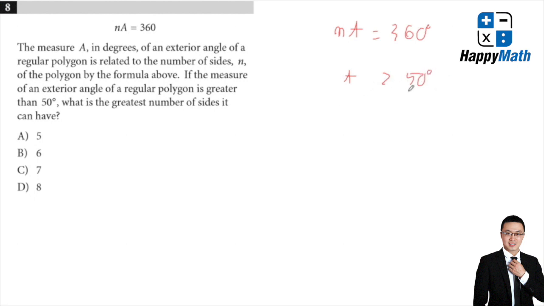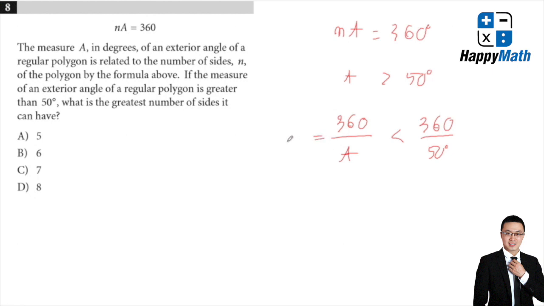Because A will be greater than here, it means the fraction divided by A will be less than here, because A is in the denominator position. When you have a larger denominator, you have a smaller fraction.